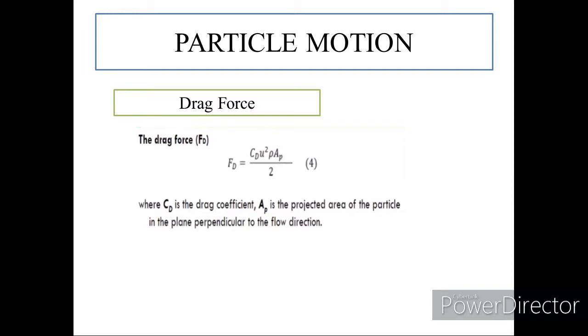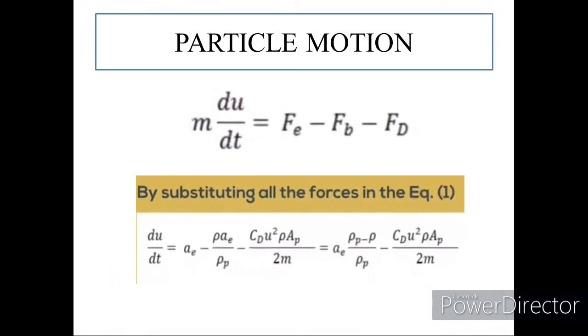So you don't need to memorize this formula. You can find it in your handbook, Perry's Chemical Engineers' Handbook. Substituting and rearranging all the formulas that we have discussed, we arrive at equation number 1. You can use this when we are talking about the mechanism of a particle in motion.